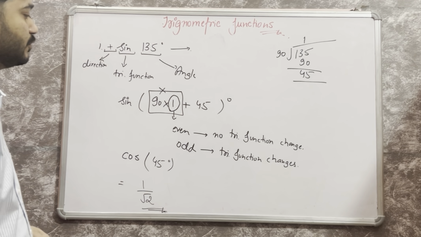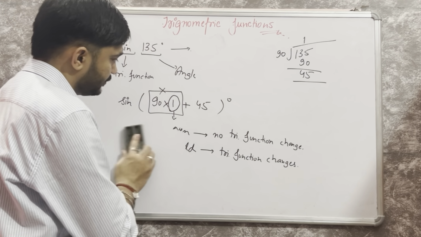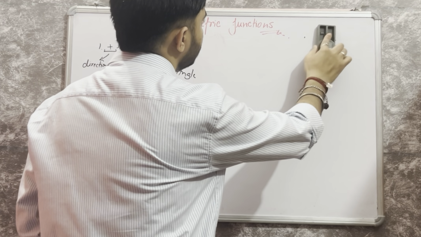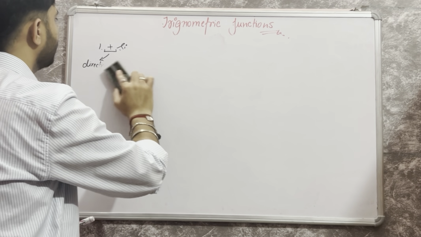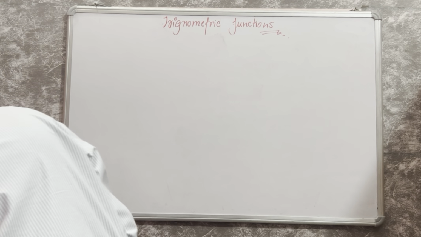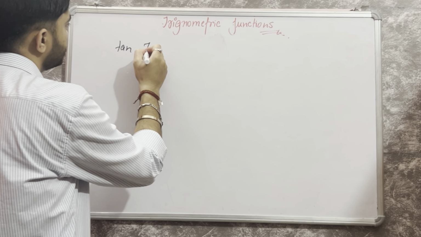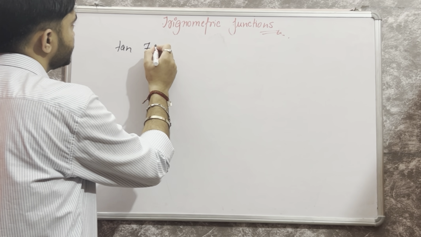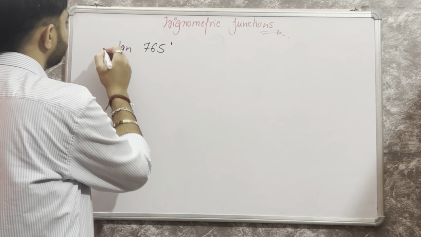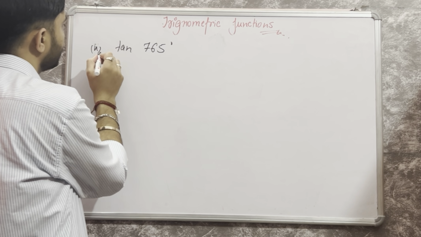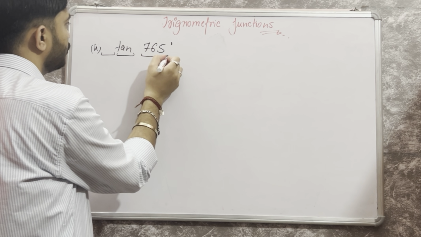Now moving towards the next question. What if we have to find the value of tan 765 degrees? Divide it into three parts.